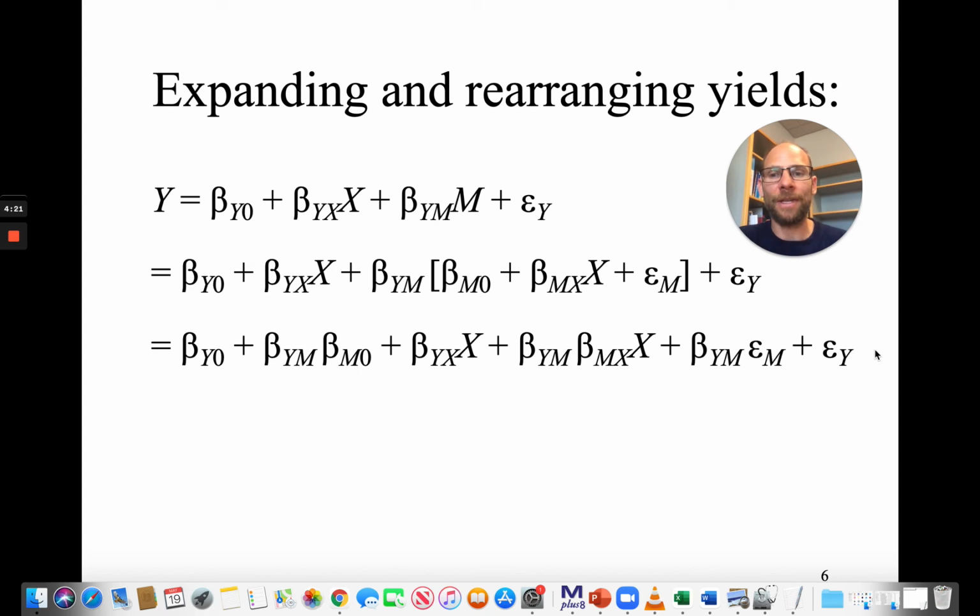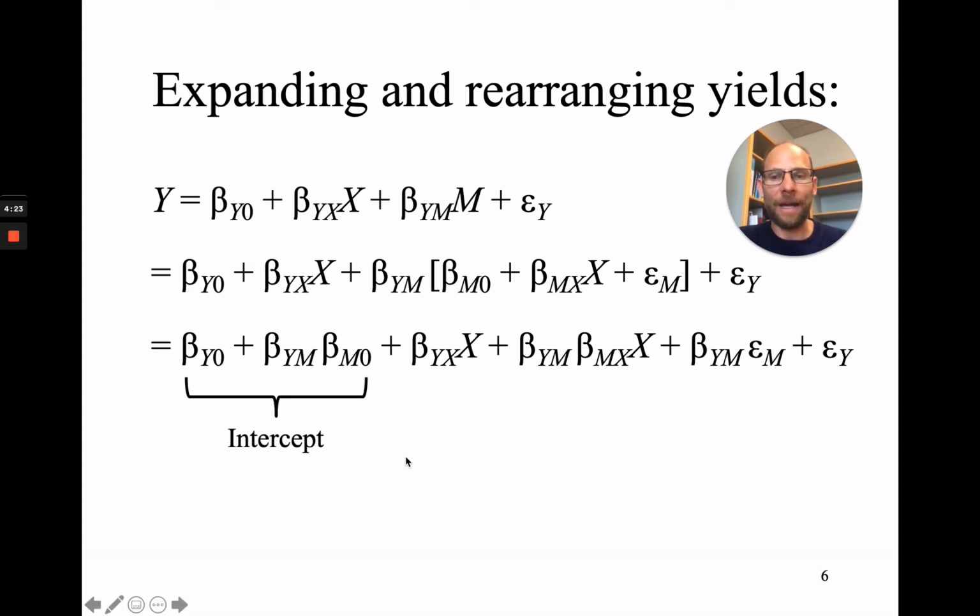First of all, at the beginning we have simply a complex intercept term. The sum of those betas is just a complex intercept term, so we can forget about that for now. And here we have the direct effect of x on y, beta yx, so that's one effect that x has on y.